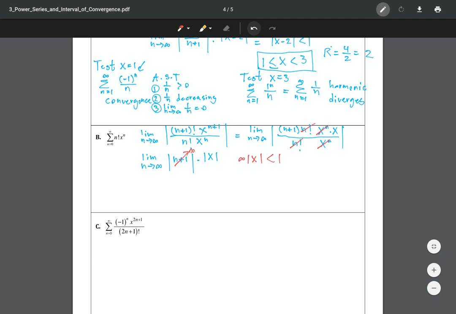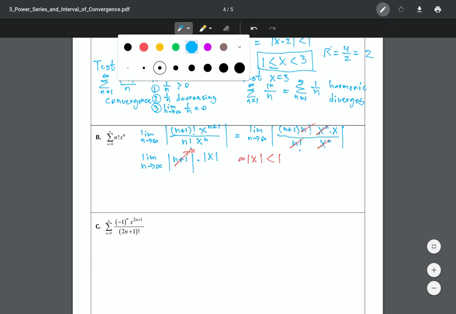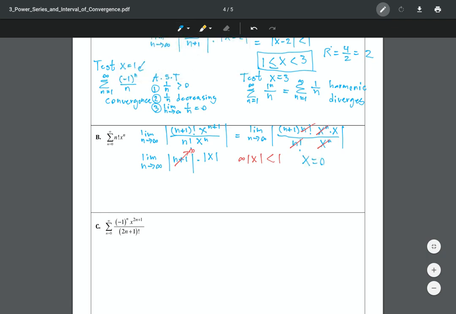No matter what I pick for x, that's always going to be greater than 1, except if x is 0. If x is 0, then I would have infinity times the absolute value of 0, which is 0, and 0 is less than 1. So what I'm trying to say on here, let me find the best way to write this.